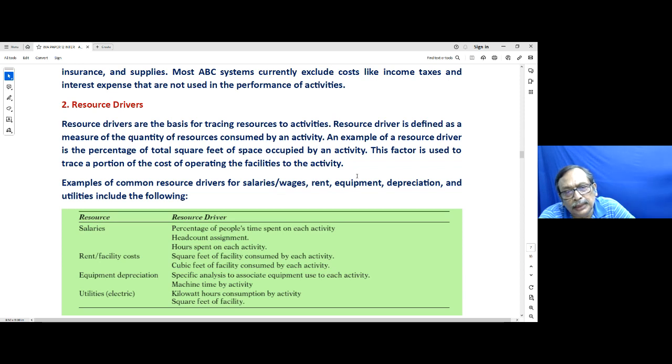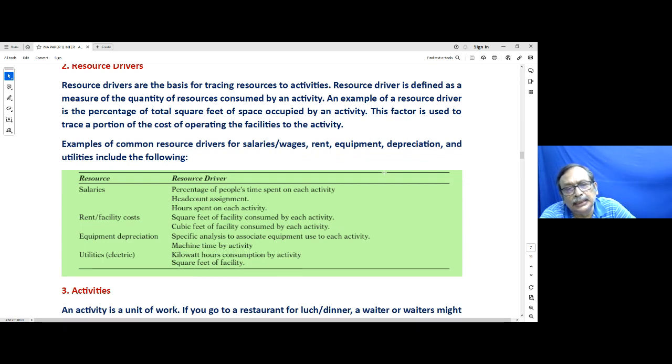Examples of common resource drivers for salaries, wages, rent, equipment, depreciation, and utilities include the following. For salaries, the resource driver is the percentage of people's time spent on each activity, headcount assignment, hours spent on each activity. For rent or facility cost, square feet of facility consumed by each activity, cubic feet of facility consumed by each activity.